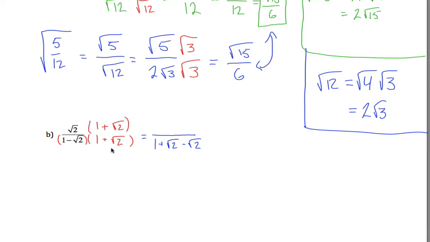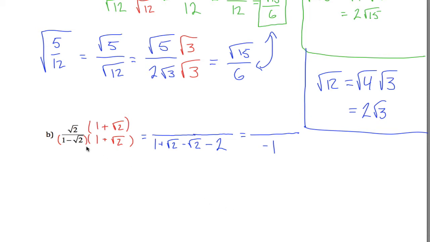And negative square root of 2 times positive square root of 2. Well, negative times a positive is a negative, so it's going to be minus something. Root 2 times root 2 is the square root of 4, which is just 2. And maybe you've noticed my positive square root and my negative square root cancel each other out, and all I'm left with is 1 minus 2, which is negative 1.